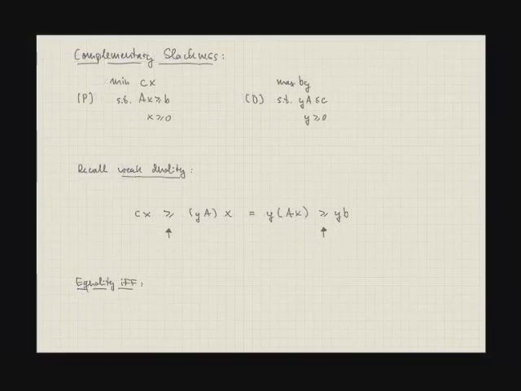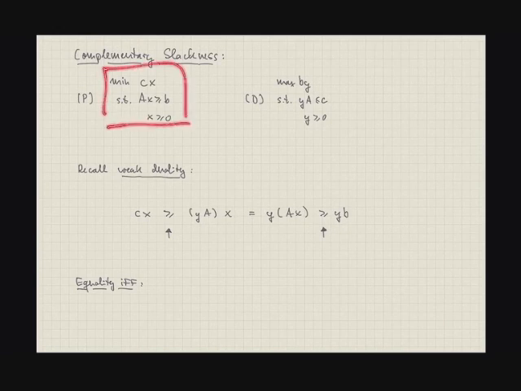So here I repeat the primal problem, that was a minimization problem, and the dual problem, the corresponding maximization problem. When I write down the chain of inequalities for weak duality, we have that the primal objective function value c times x is larger or equal than y times a times x. Why is that true?